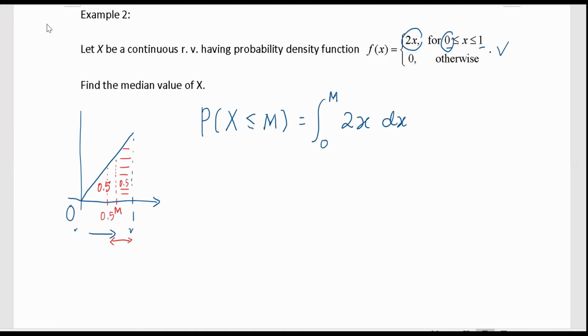And this area must be equal to half, or 0.5. All right, so we are going to integrate this straight line graph and we get this.